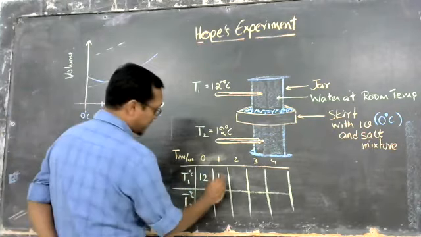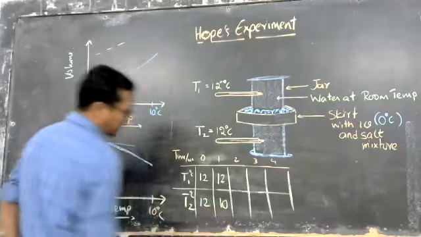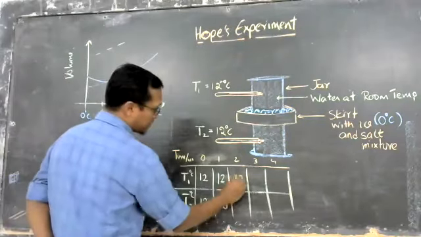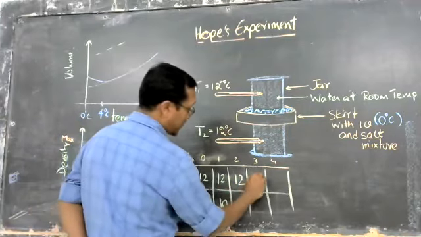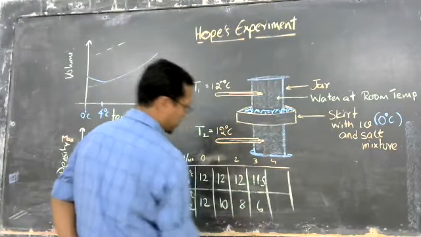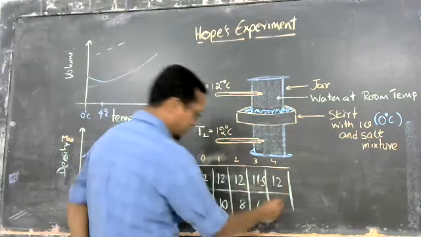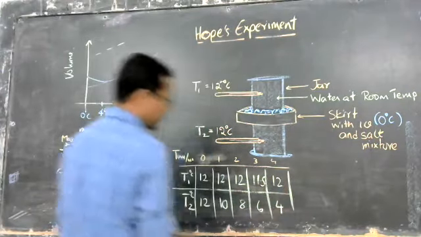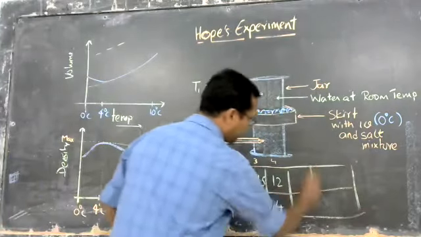Then you will find that 1 minute later T1 is still 12, this has gone down to 10. 12, maybe 8, maybe 11.5, something's got to give, 6, then again 12, 4, then you carry on.